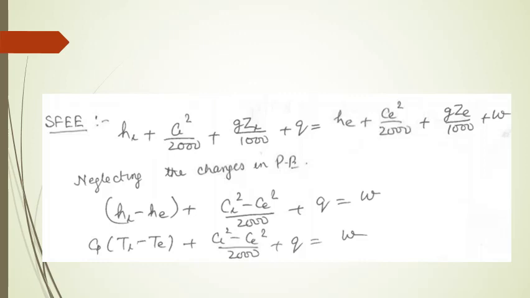Now the kinetic energy per unit mass term and the potential energy per unit mass term, they are basically having the unit of joule per kg. C square by 2 is the kinetic energy per unit mass. Now if velocity is given in meter per second, then it will give me the kinetic energy in the unit of joule per kg.